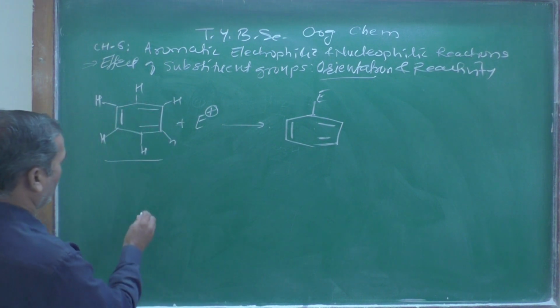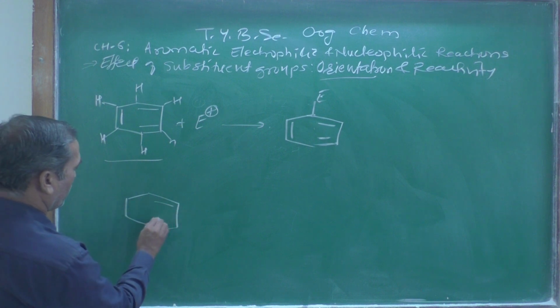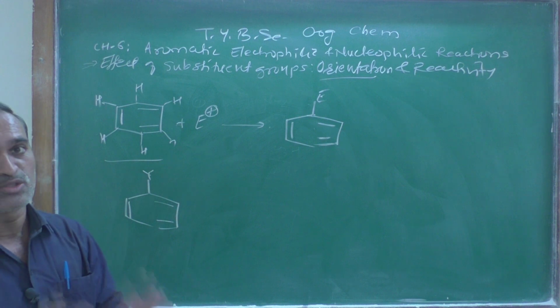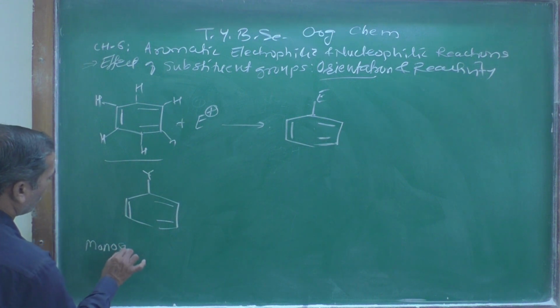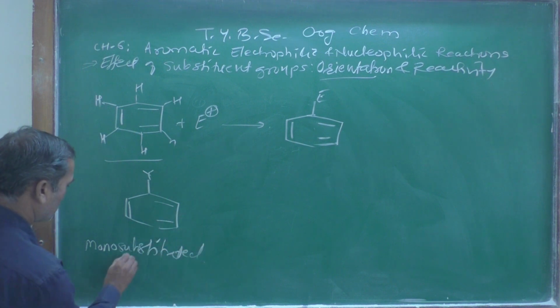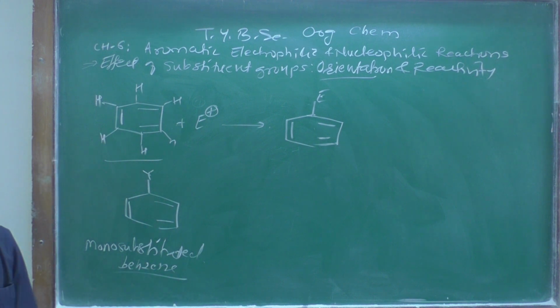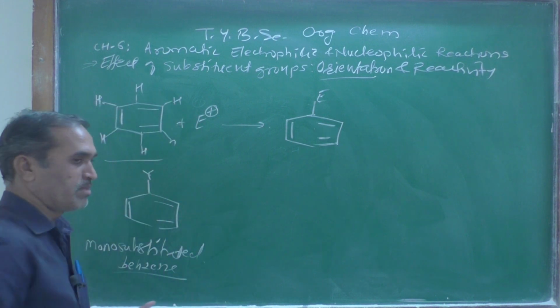Suppose you already have a monosubstituted benzene there, right? Let us see, here a Y group is there. Let us assume this is called a monosubstituted benzene. And when monosubstituted benzenes are there, monosubstituted means what?